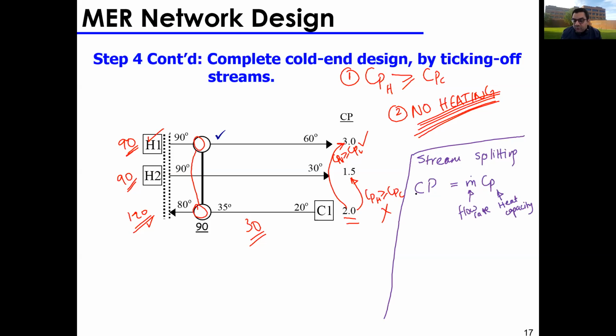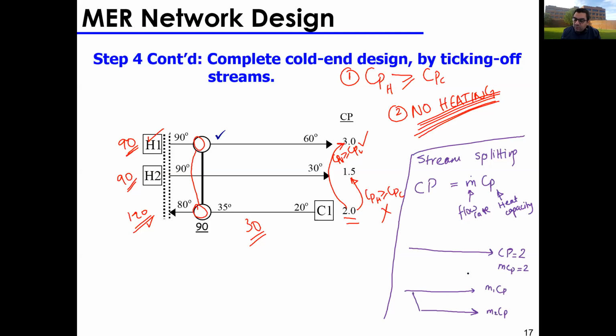So let's say I have one stream right here with a CP equal to 2, let's follow this example. So this actually equals M CP equals 2. If I split it into 2 streams like this, where I have, in this case, M1 CP, and in this case, M2 CP, right?